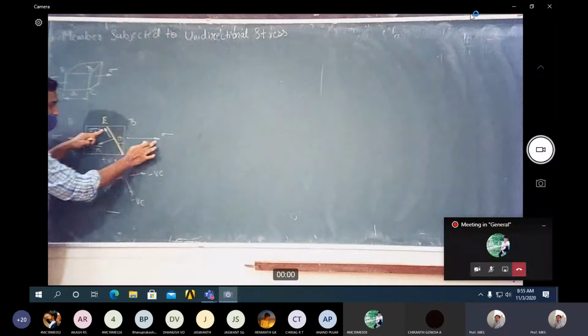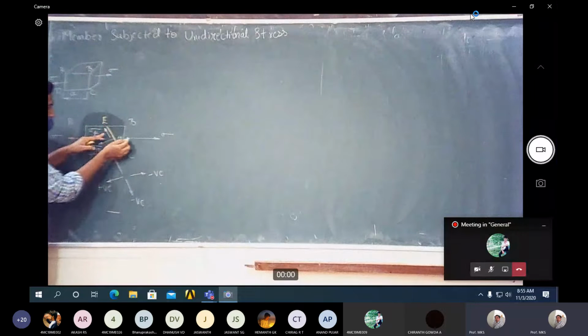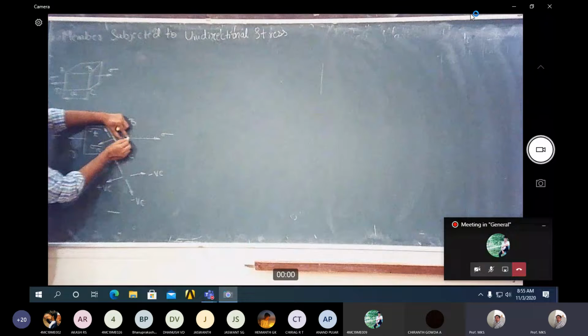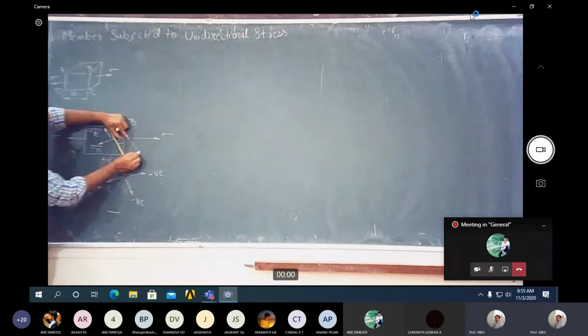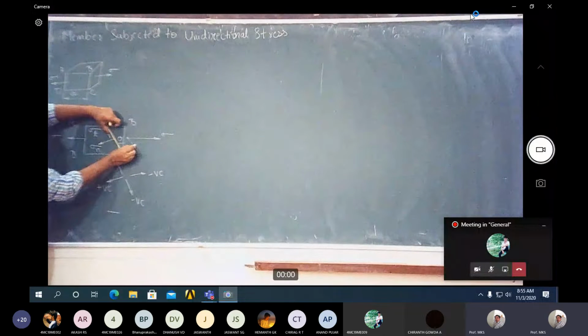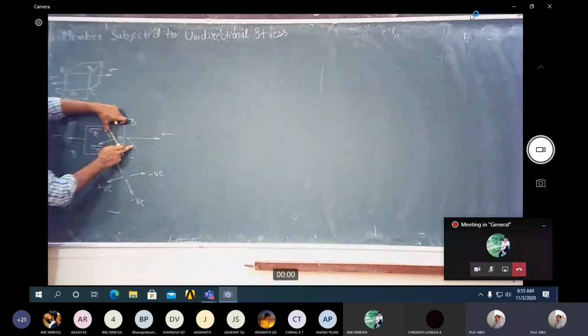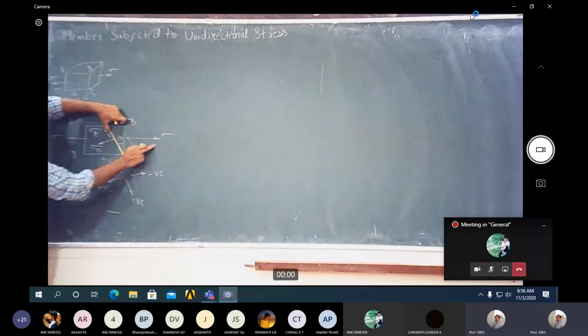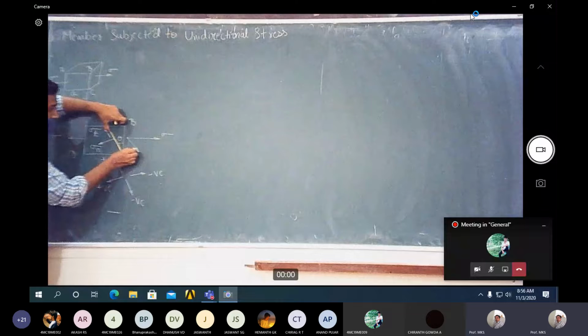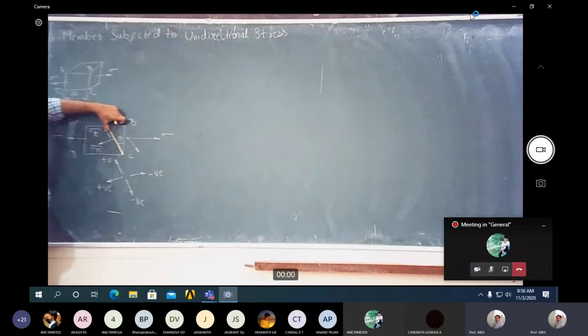Since I need to close this loop, draw the line parallel to the tangential stress. This should be a parallel line, and since it has to close the loop, the direction is in this direction. Got it?